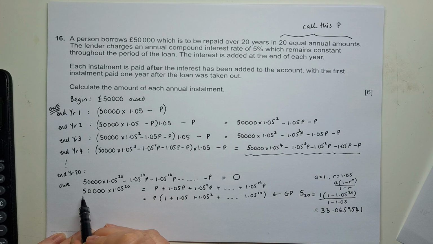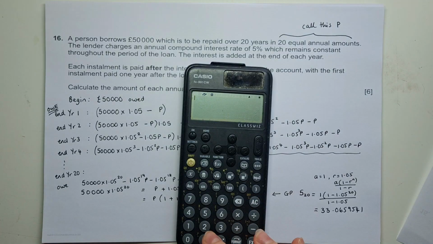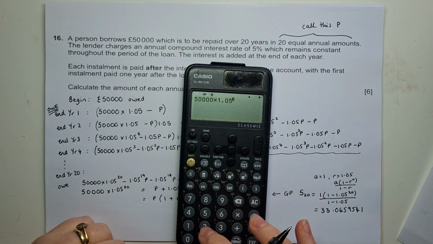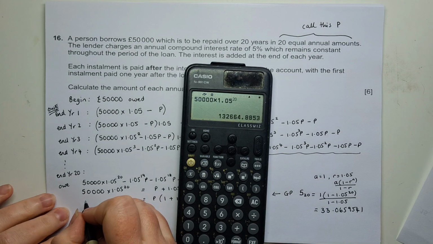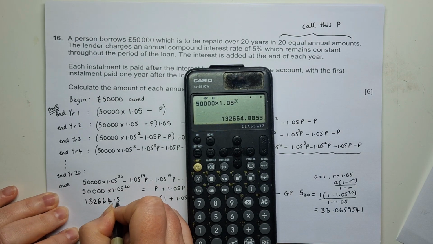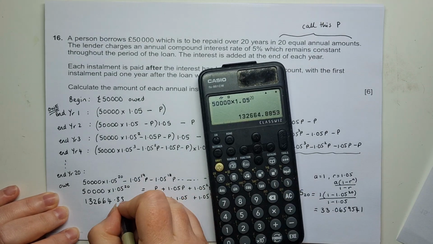So I can also work out this side. That's just a simple calculation. Let's work out 50,000 times 1.05 to the power 20. That is 132,664.88. That is an 8, yes, 8853.